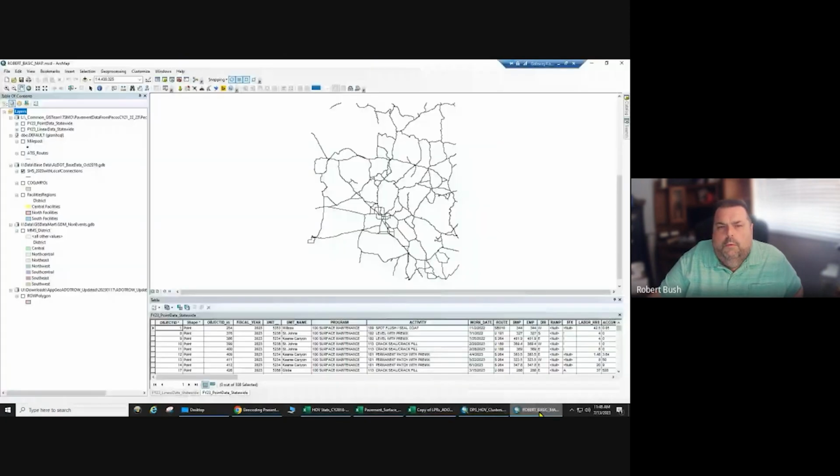So after we geocoded it, and it was thousands and thousands of records also, I took out the emergency stuff because I wanted to know where were flush coats done, where were crack seals done, where were patches done, and stuff like that. And this is all fiscal year 2023, so last year's data that was run.